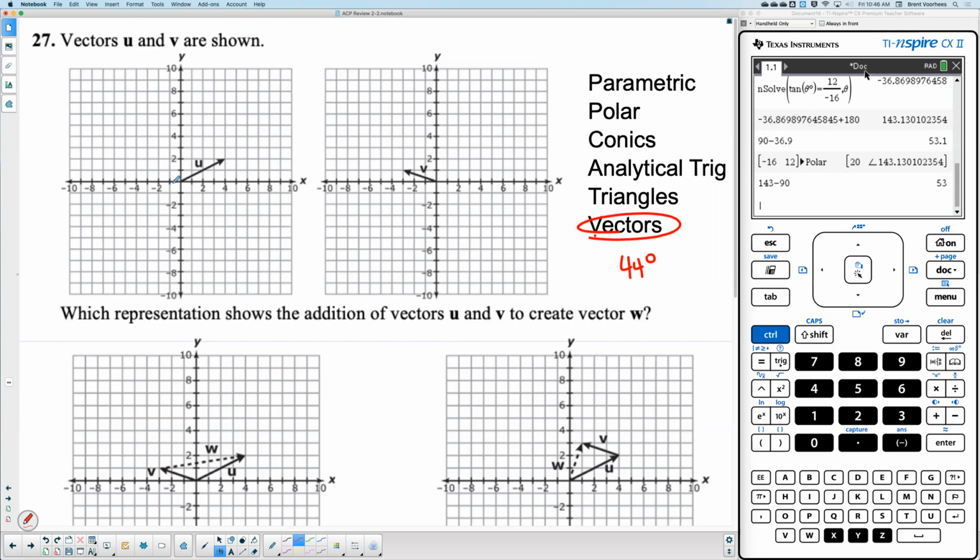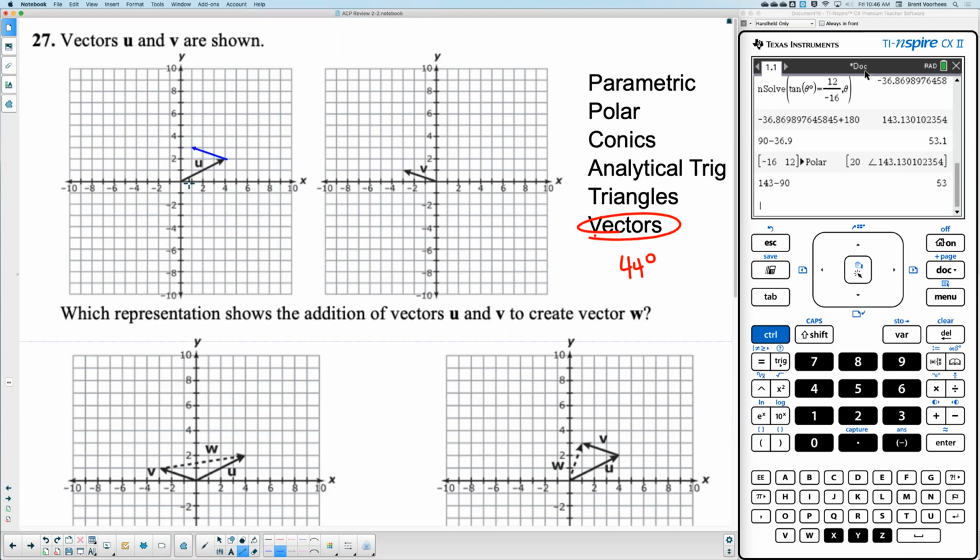So this vector goes 4 to the right and 2 up, and I'm just going to add V to it. What does V do? How many to the left? Yeah, count how many units left? 3 left, and how many up? 1. So I'm gonna draw it on my own over here. It needs to go 3 left, 1, 2, 3, and 1 up.